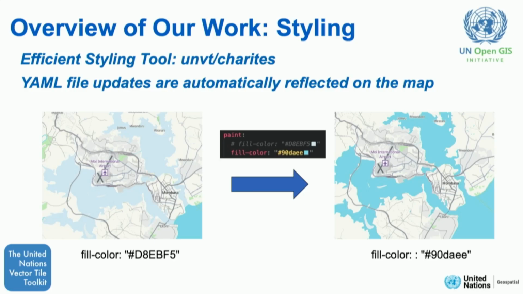I'll talk about another feature of UNVT Caritis. When we update YAML files, the changes are automatically reflected on the map. This slide shows an example of changing the water color.